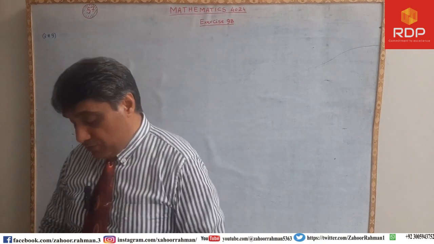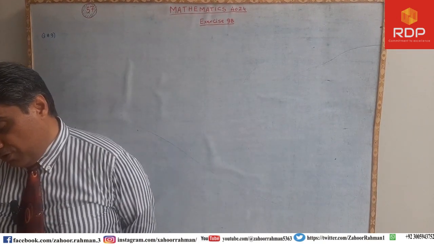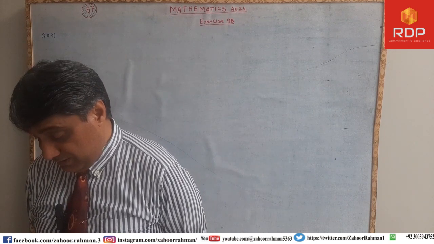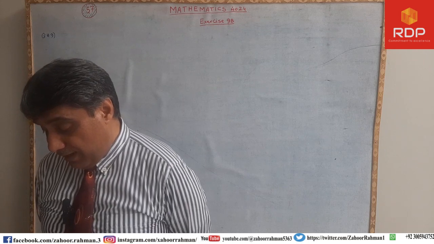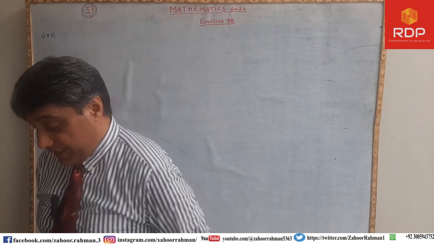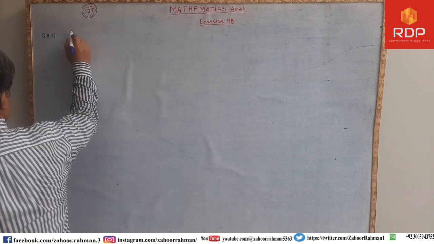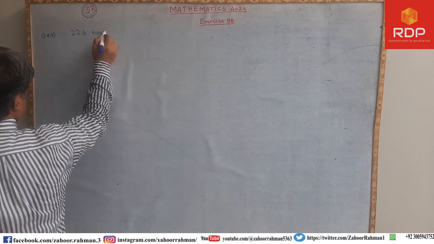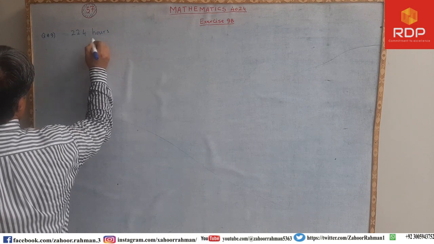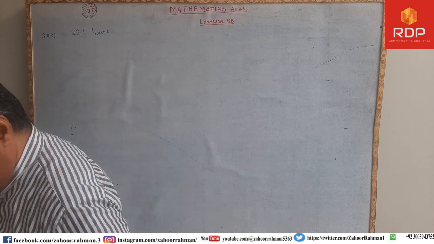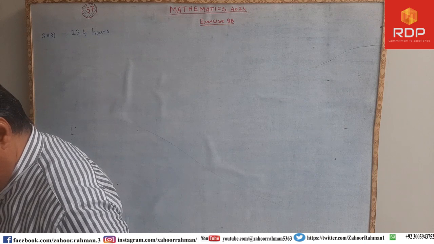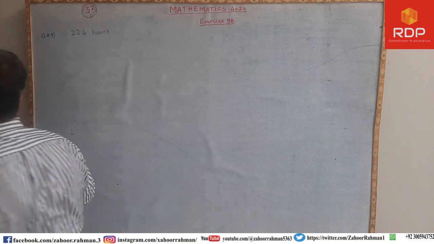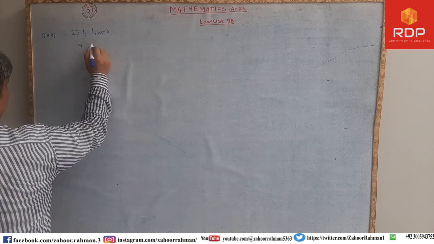Okay, ladies and gentlemen, question number 9 is saying 224 hours are required to complete a project. 4 men are employed for that. 224 hours. 4 men are employed.